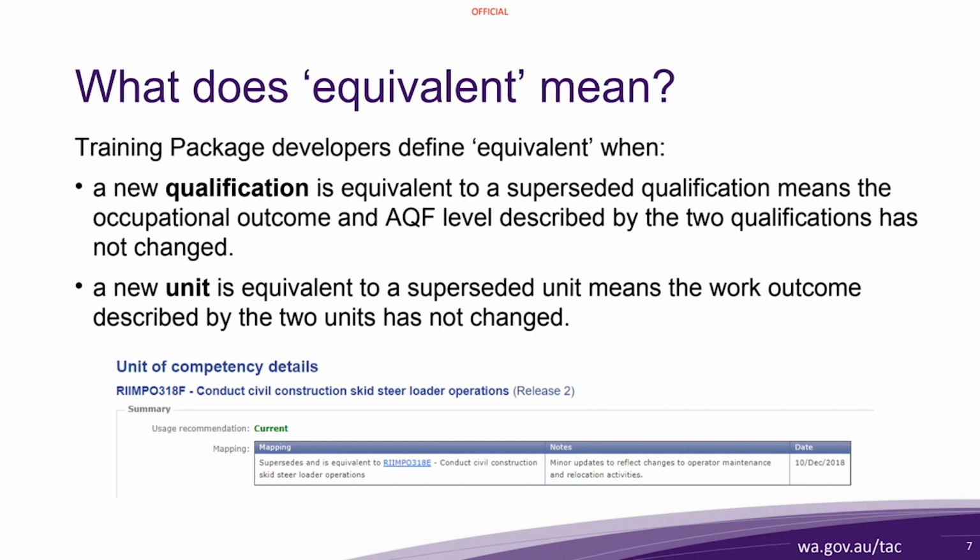That is, if you have the E version, you'll be able to function effectively as a civil construction skid steer loader operator, in an equivalent way to a person who has the new unit of competency. That's a judgment made by experts. It's not a judgment that we need to make as RTOs because it's already printed in the training package.